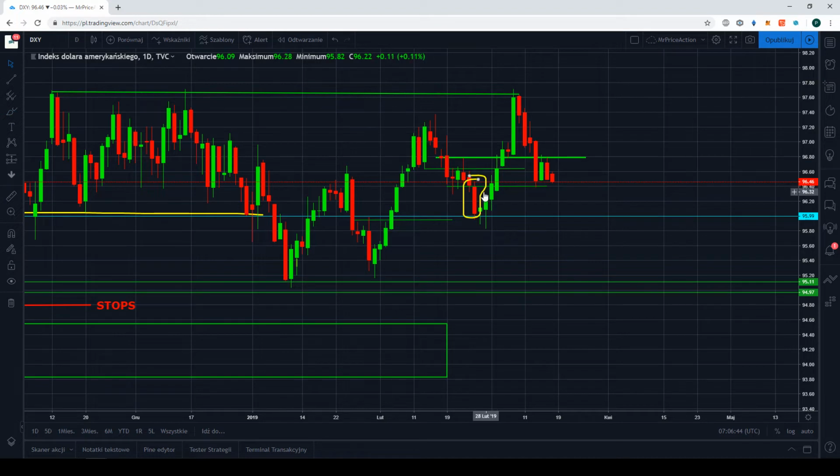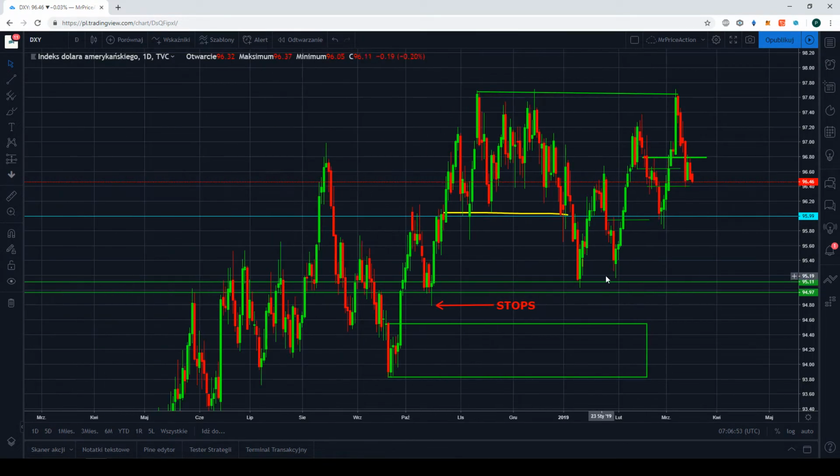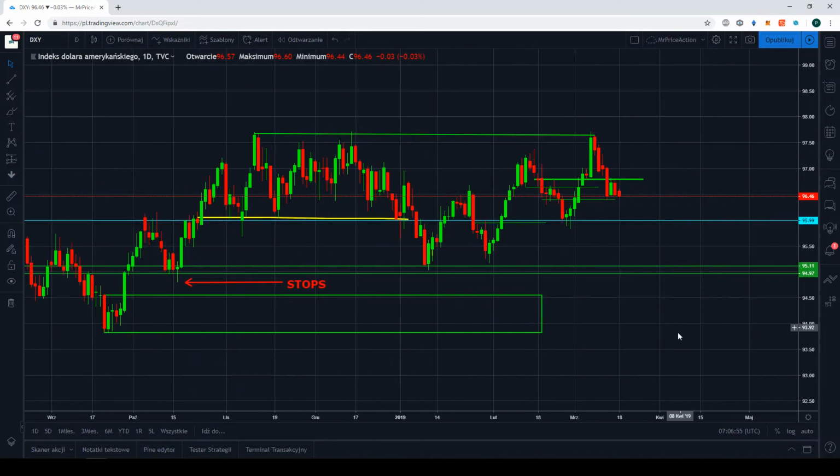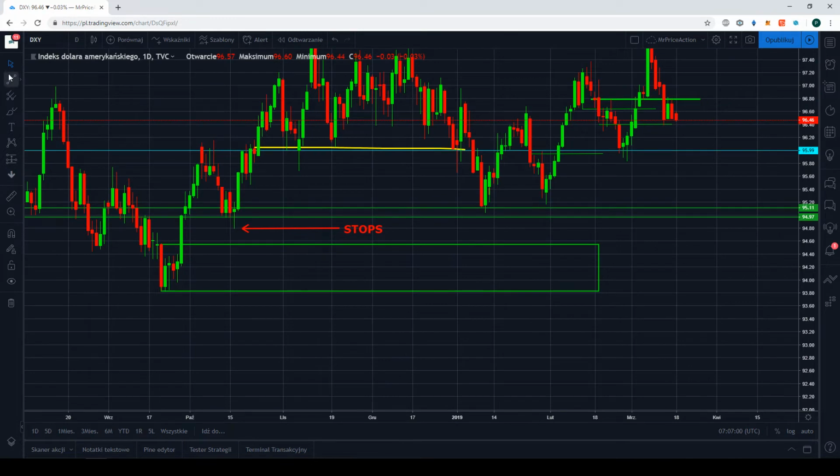And if bulls are going to give up 96, as I mentioned, 95 is the first possible target, but then there is something very interesting here on the daily chart.